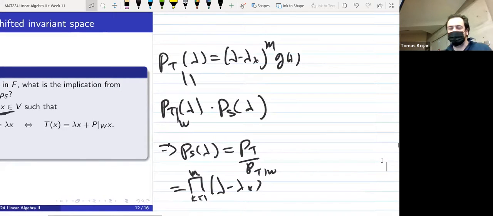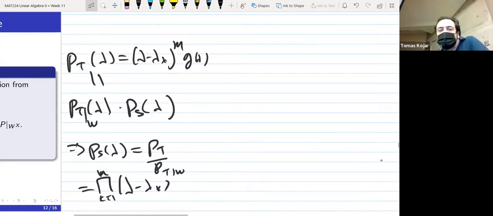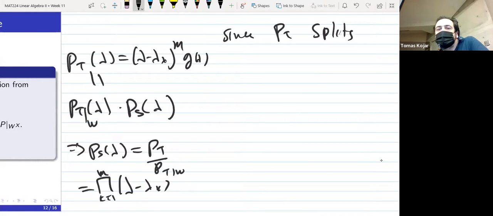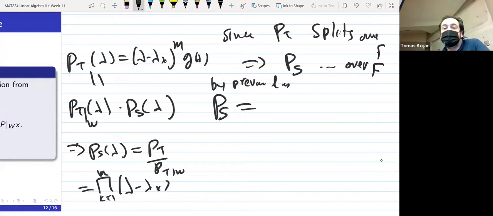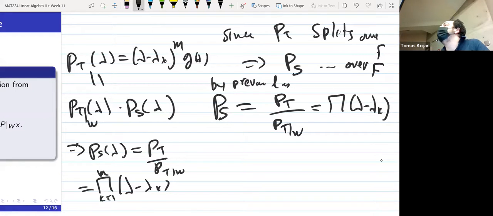Okay, so let me put all the lemmas together again. I want to show you that since PT splits, the same is true for PS. That's what I want to prove. Okay, we just proved the lemma that PT restricted divides PT. So by the previous lemma, we have that PS, which is PT divided by PT restricted to W, is equal to some other polynomial, which we can still factor because you know what PT is.